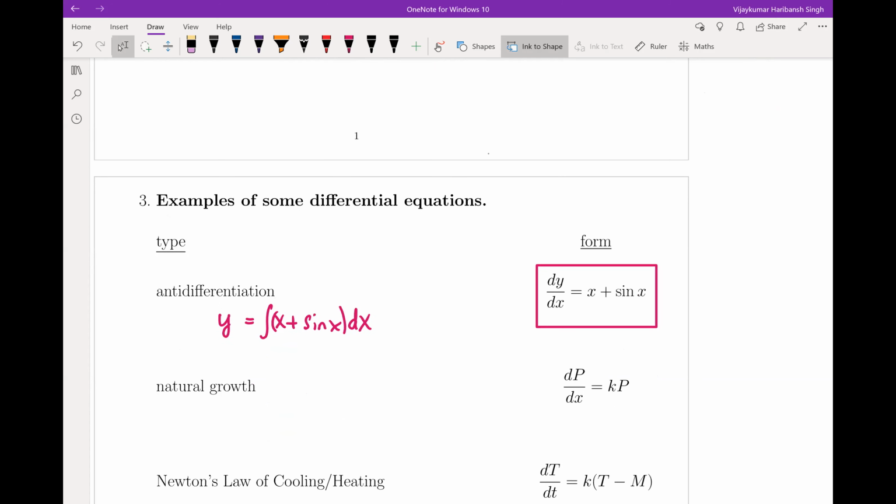One is natural growth. We have seen this: the derivative of the function is proportional to the function itself.